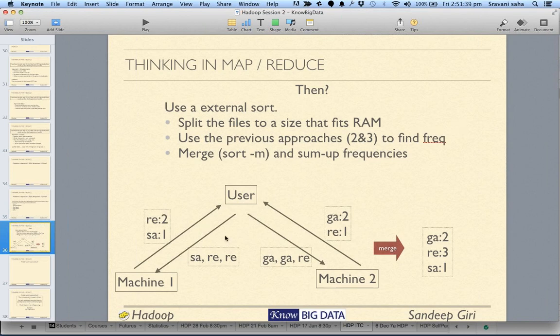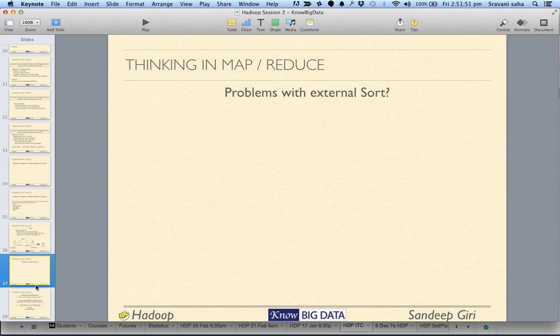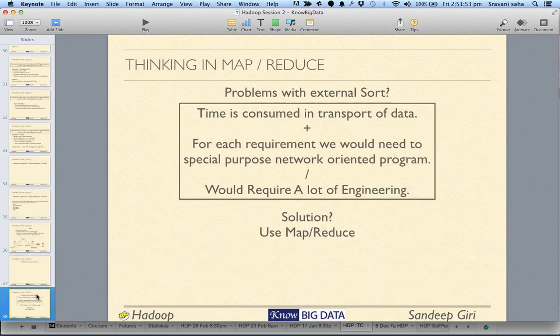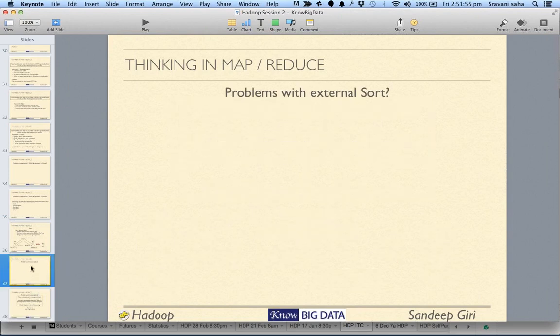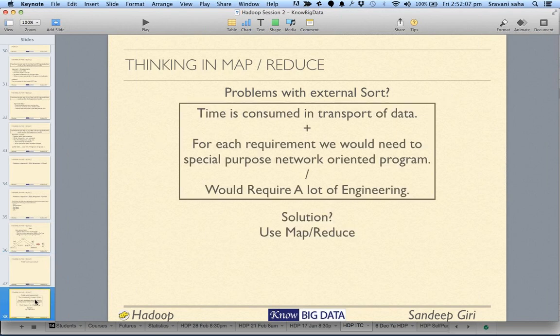The user is sending the data to multiple machines, machine 1, machine 2, right? More time taken in the network. Excellent point. Good. So the network is going to be our bottleneck.